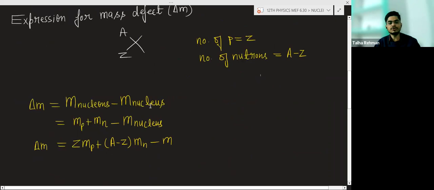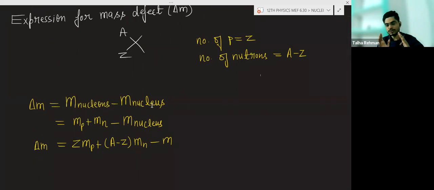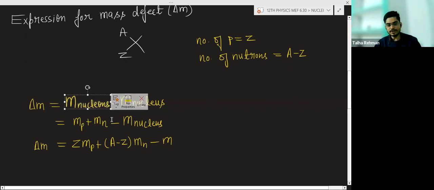Nucleons means the protons and neutrons inside the nucleus.